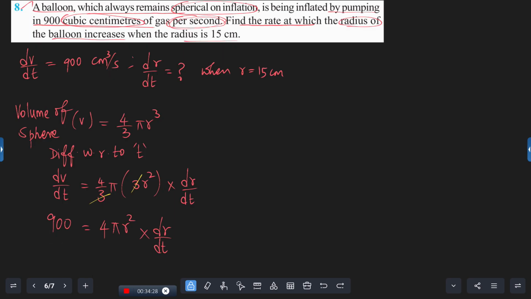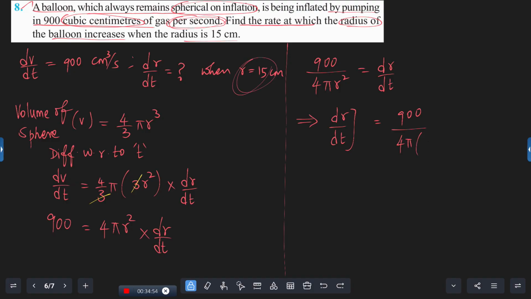We need to find dr by dt, so send the rest to the opposite side. So 900 divided by 4 pi r square equals dr by dt. Now dr divided by dt equals 900 over 4 pi r square, where the r value is 15. So I am going to substitute r equal to 15.